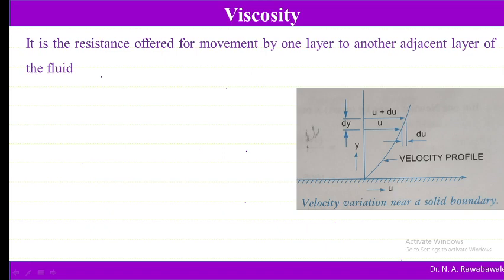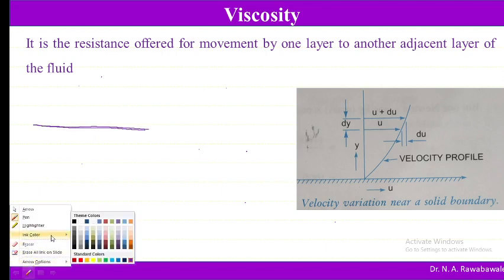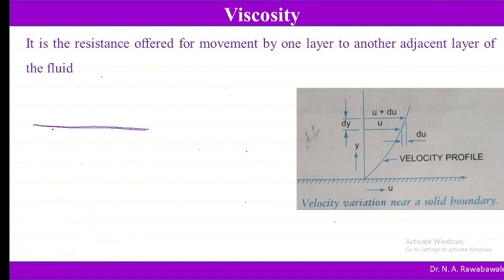Say here we will consider one surface over which a fluid is flowing. So when a liquid is flowing over this surface, the layer which is very close to this surface is going to stick with this surface. Say the first layer is going to stick with this surface, it is not going to move at all.